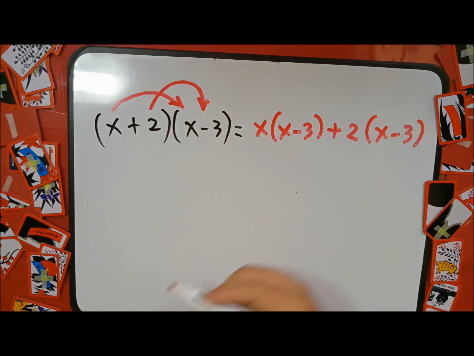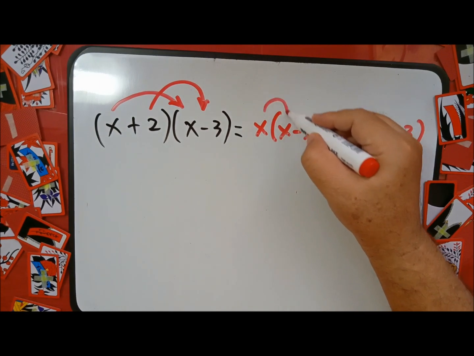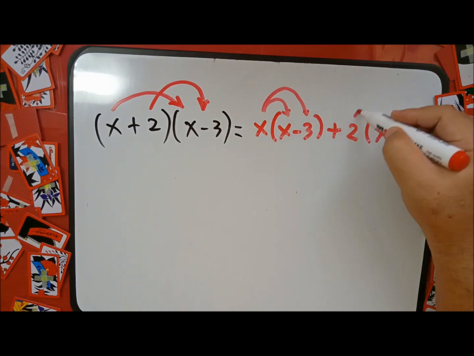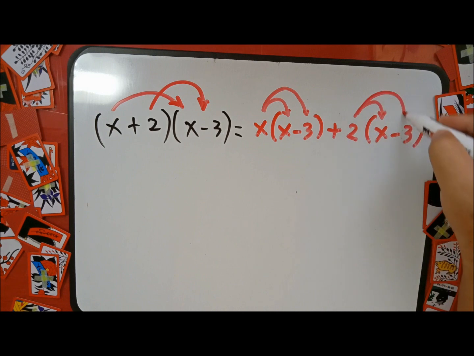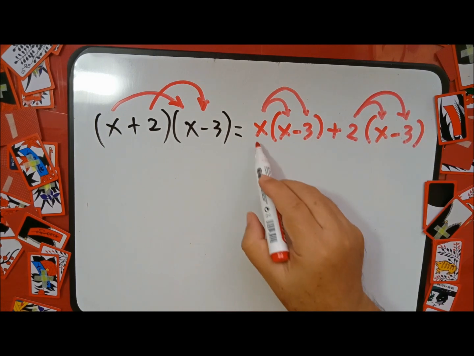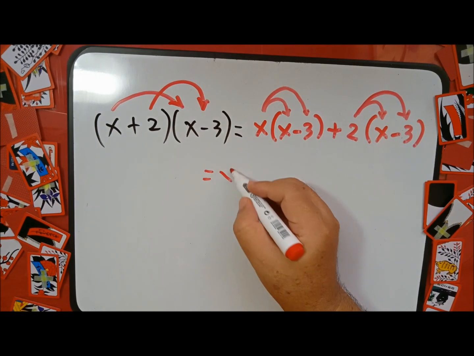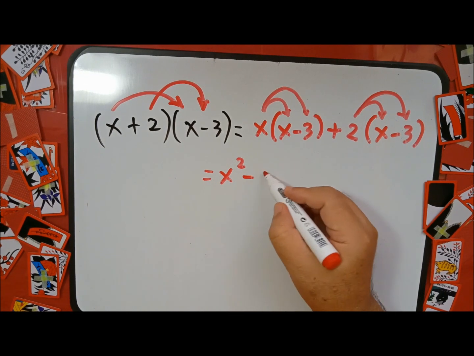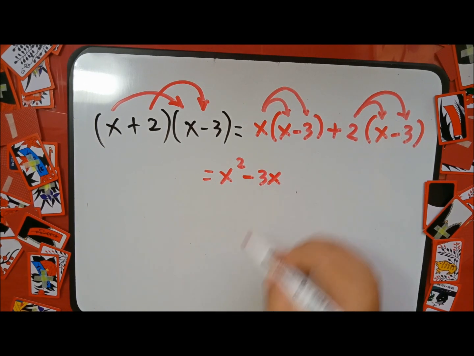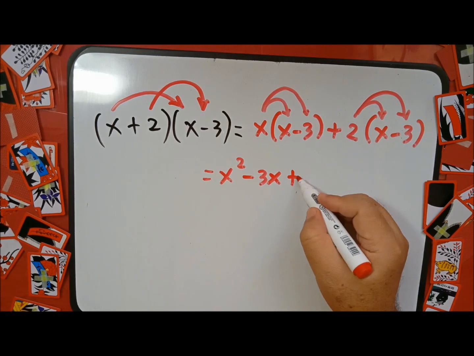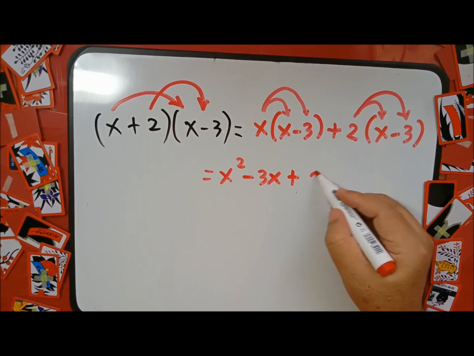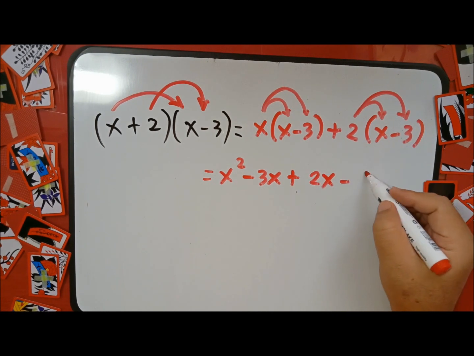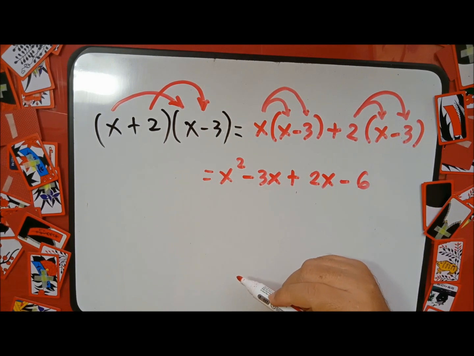Now, what will happen? Again, distributive property, multiply, multiply, multiply, multiply. So x times x will become x squared. x times negative 3, negative 3x, plus 2 times x, 2x, 2 times negative 3, negative 6.